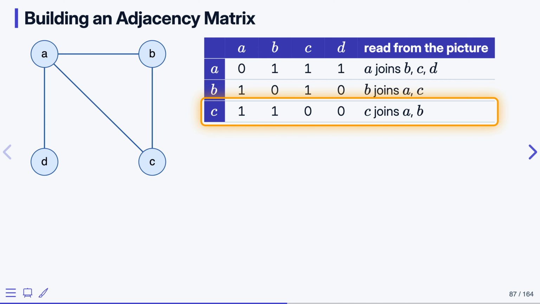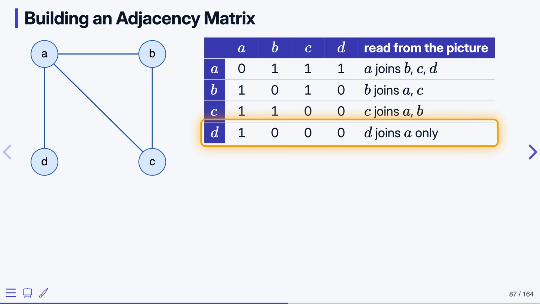Row C: to A 1, to B 1, to itself 0, to D no, so 1, 1, 0, 0. Row D: to A 1, to B no, to C no, to itself 0. So 1, 0, 0, 0. Now look at the whole grid, folded along the top left to bottom right diagonal. The two halves match. That is because the graph is undirected.